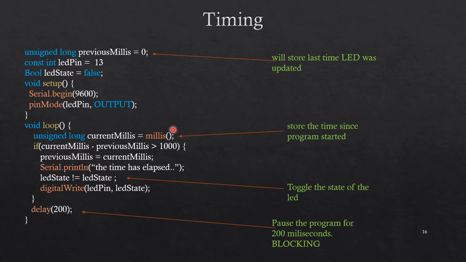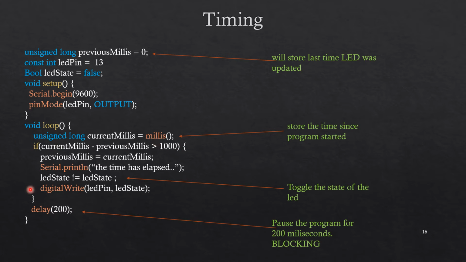For example, if the millis was, let's say, only 300 milliseconds, then the if statement here would say the current millis, which is 300 milliseconds, minus previous millis, which is 0, and then the final would be 300. Is it larger than 1000? No, it is not.